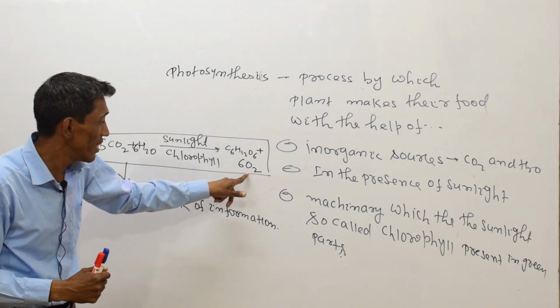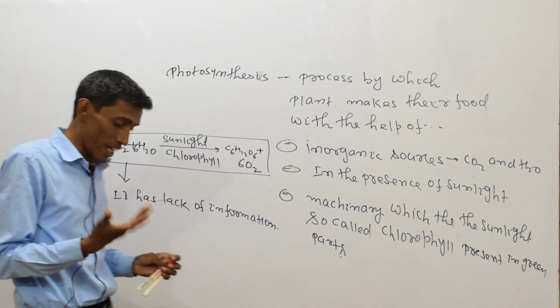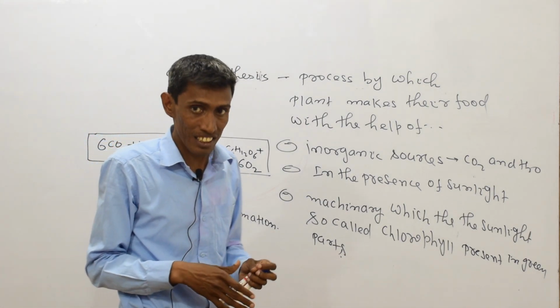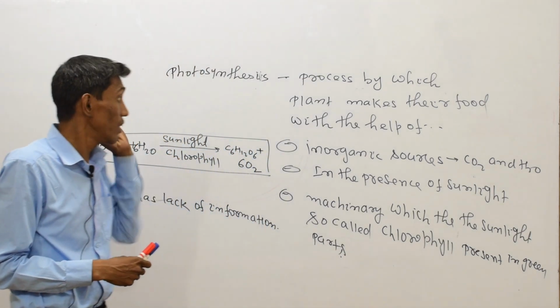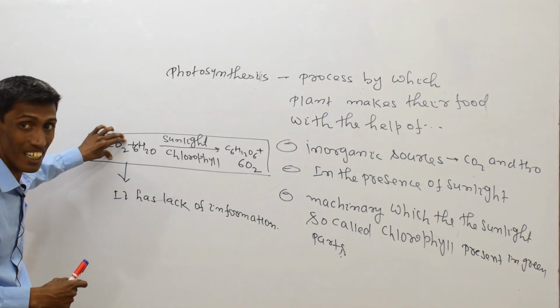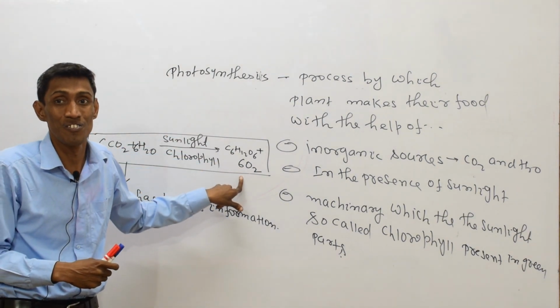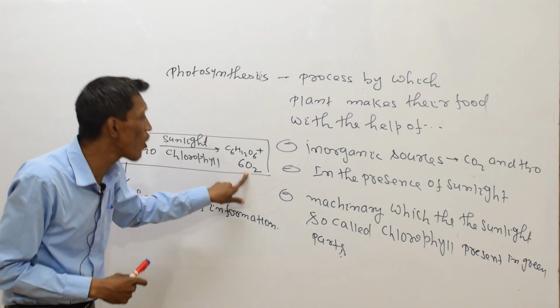There is 6O2, and we know from chemistry that nothing is created, nothing is destroyed. So whatever is present here is going there. So, the source of oxygen is what?